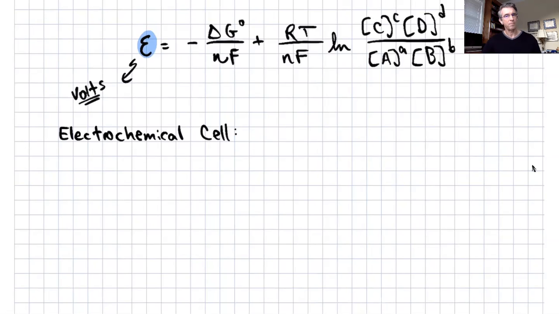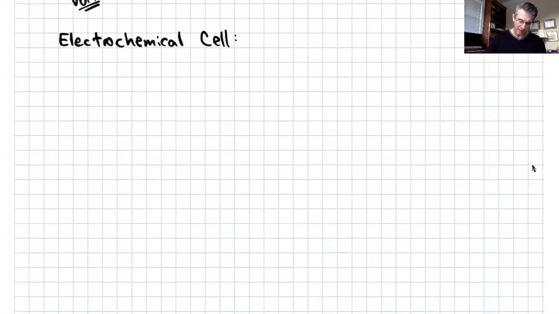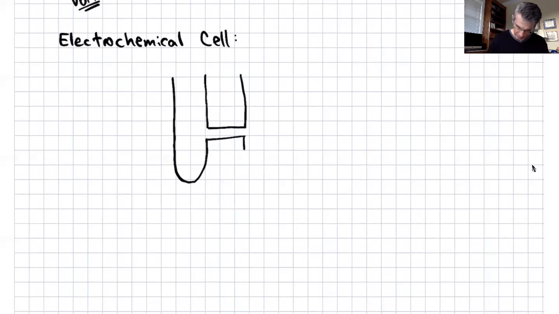An electrochemical cell works in the same kind of way. It has two half cells, connected by a little bridge. In this bridge, we basically have a semi-permeable barrier that only permits ions to flow. I'll come back to that in a second.